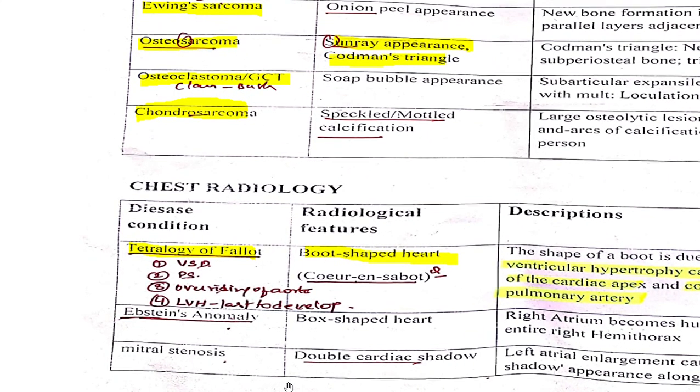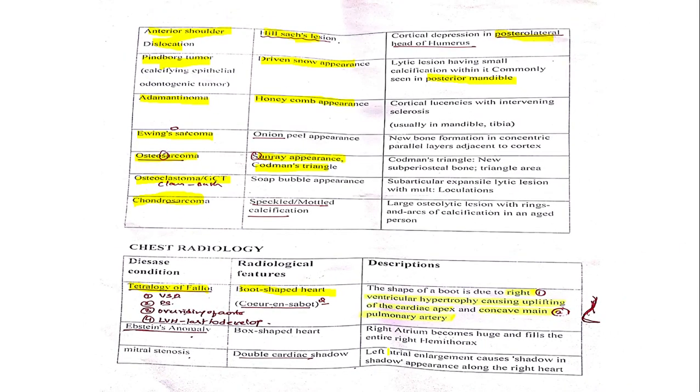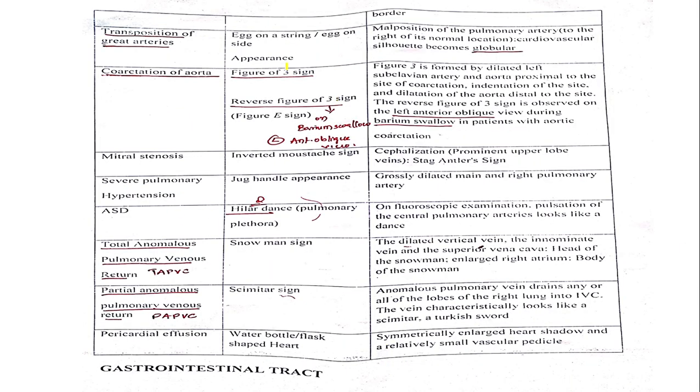Mitral stenosis has double cardiac shadow. Transposition of great arteries has egg-on-string or egg-on-side appearance. Coarctation of aorta has figure of 3 sign or reverse figure of 3 sign.